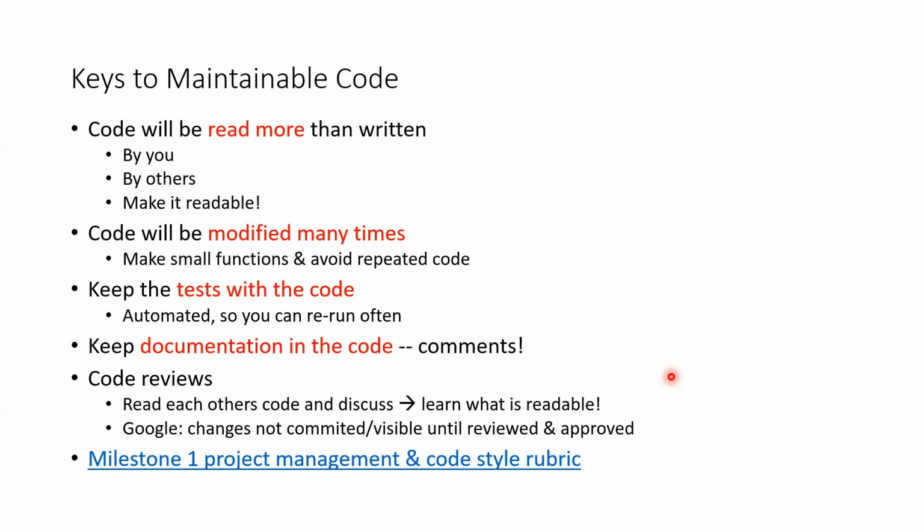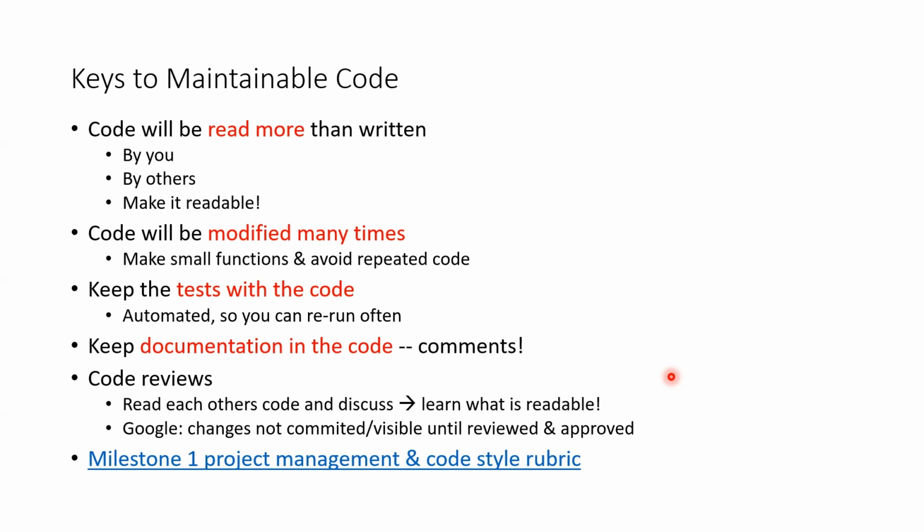So just as a summary, code will be read more than written, by you and by others, so make it readable. Code will be modified many times, so keep your code short and avoid repeated code. Put any repeated code in functions and put any long chunks of code in helper functions.